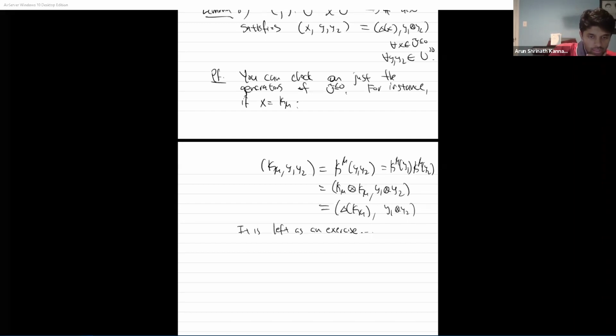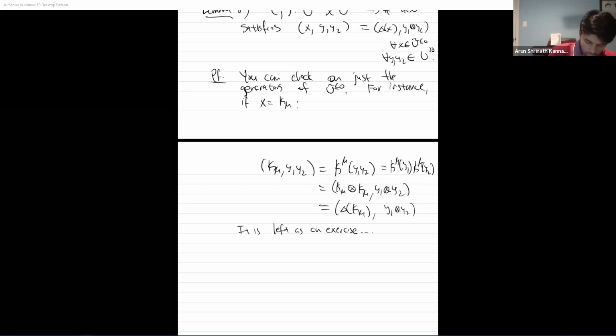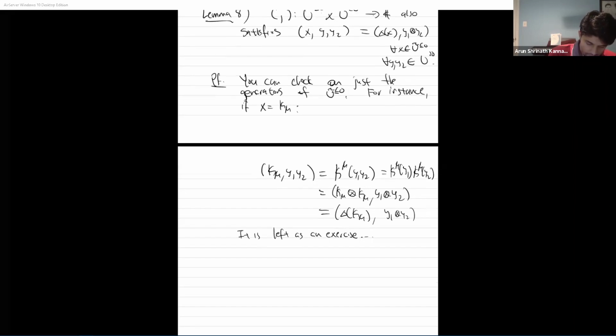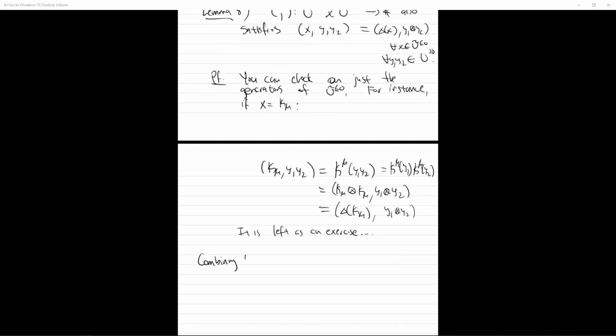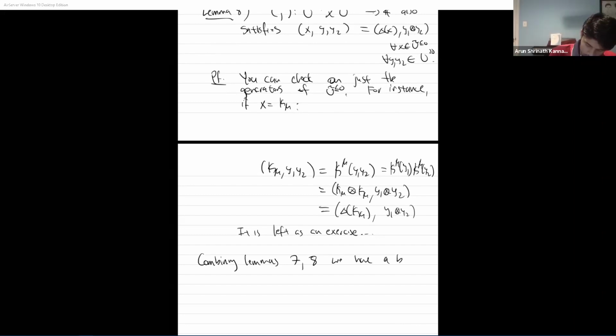Okay, so what we get out of combining Lemma 7 and Lemma 8 is a bialgebra pairing on U tilde less than or equal to 0.